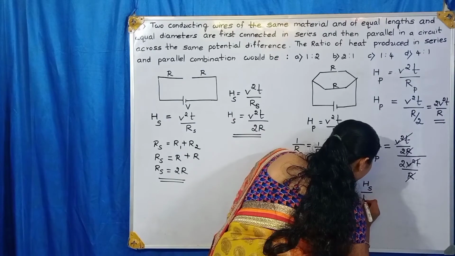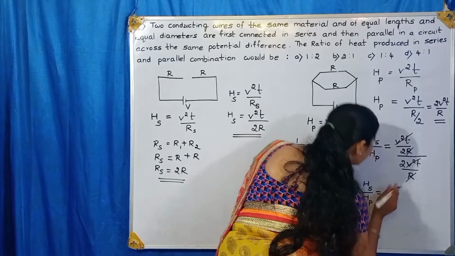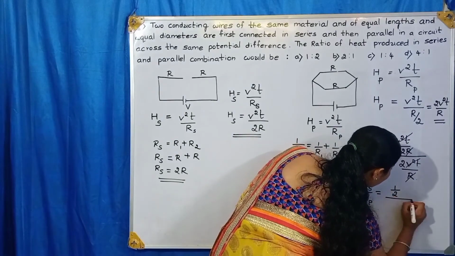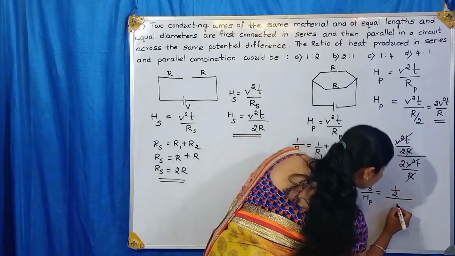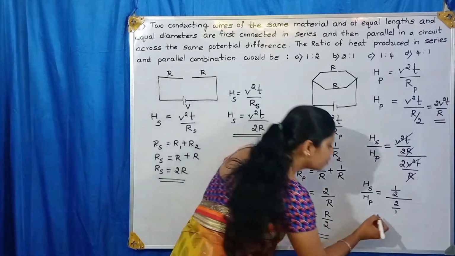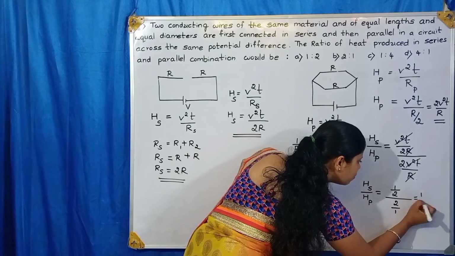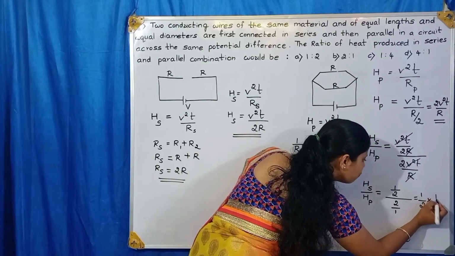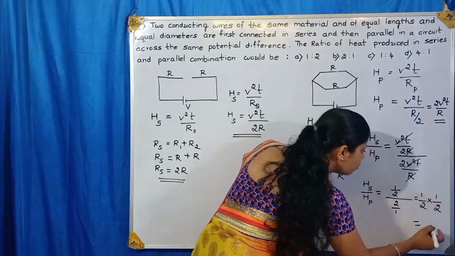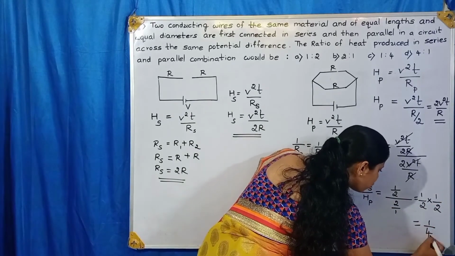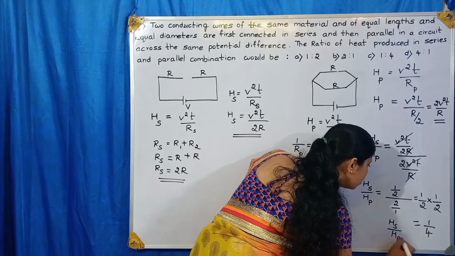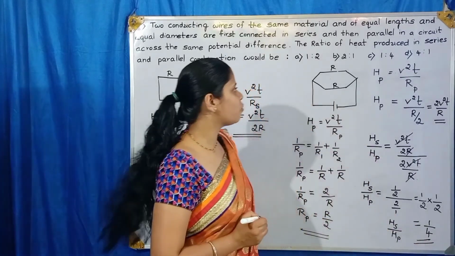Hs by Hp is equal to 1 divided by 2, whole divided by 2 divided by 1. What will it become? See here, 1 divided by 2 into 1 divided by 2. 1 ones are 1, 2 twos are 4. That is Hs by Hp is equal to 1 by 4.